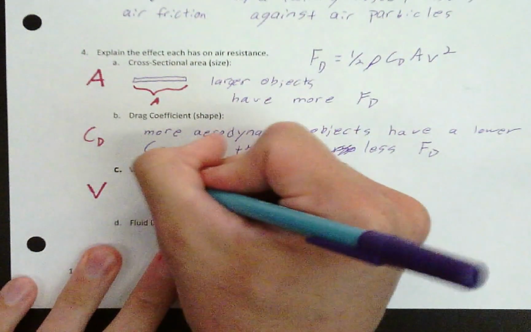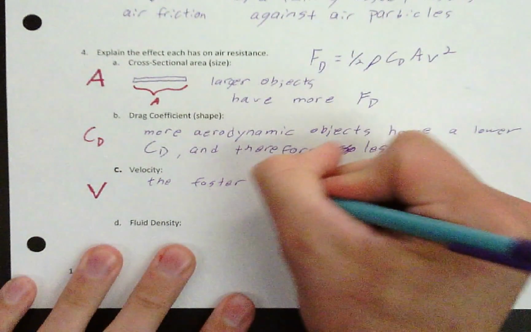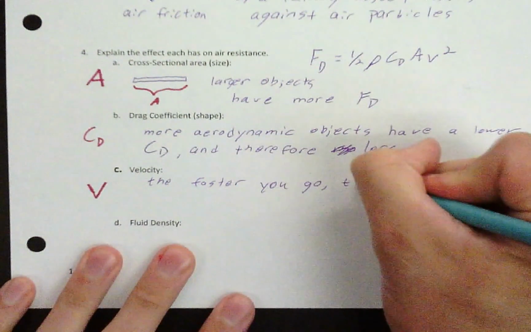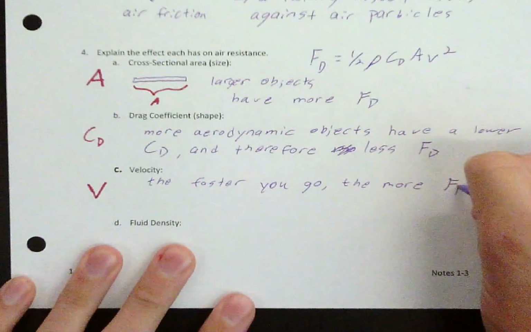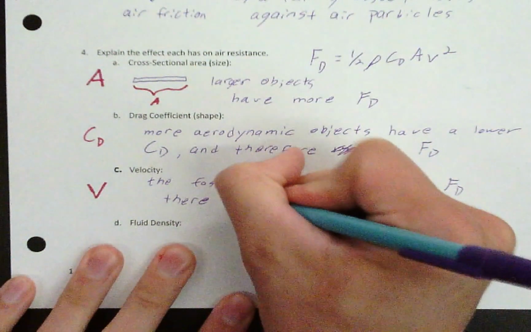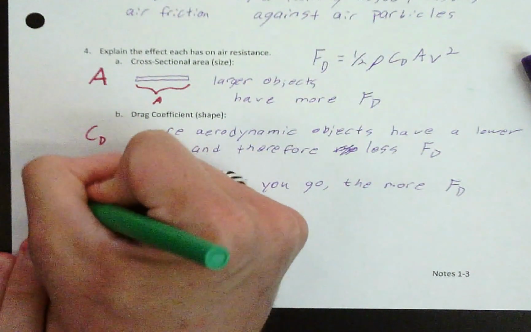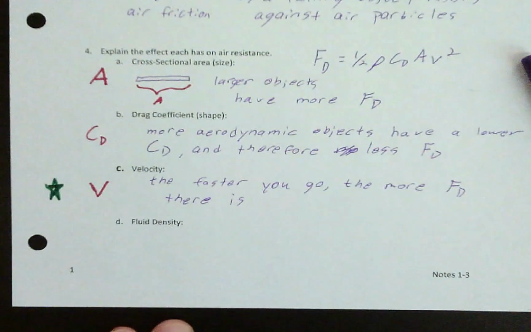So the faster you go, the more drag there is. And put a nice little healthy star next to that one. The reason is that is the one that usually changes.